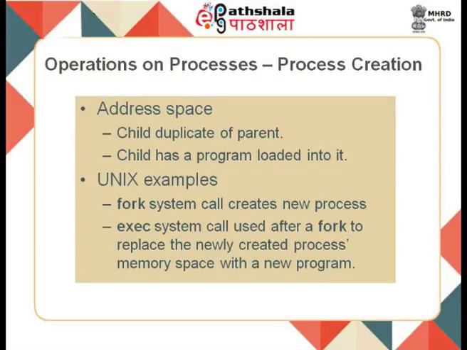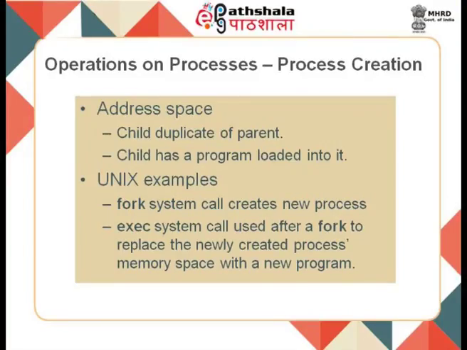And the other one is the address space of the parent and the child. The address space is nothing but the text, data and stack sections of a process. When a new child process is created by the parent, the child can share the address space of the parent, or the child can have a new program loaded into it.